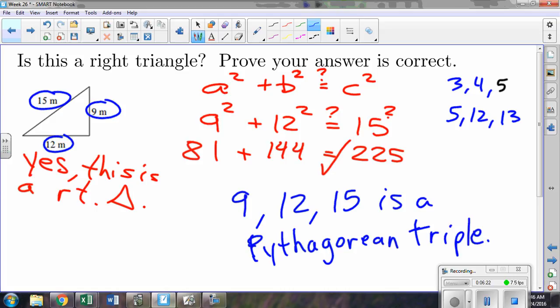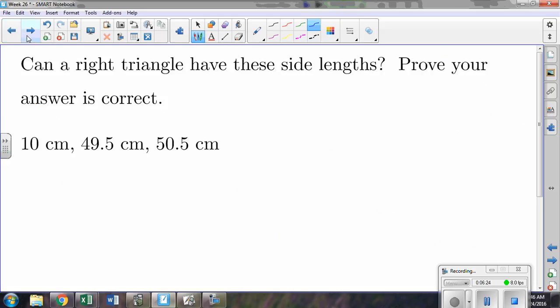Of course, we know the hypotenuse would have to be the longest side, so we're really doing the same work here. Leg, leg, hypotenuse. Will this fit the Pythagorean theorem? Yes or no? If it fits, those 3 things make a right triangle. If they don't fit, it's not a right triangle. That's simple.